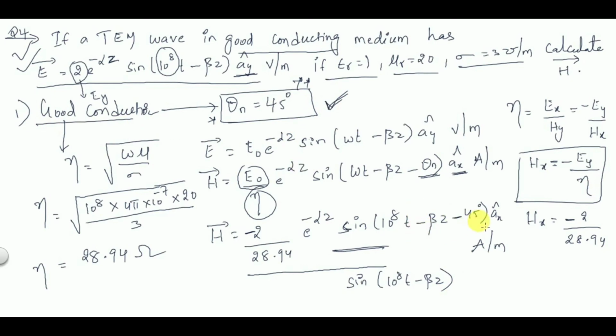In the case of a good conductor, E bar leads H bar by 45 degrees. This is the important point you have to remember for the good conductor case. When you remember this, you will also keep this minus 45 degrees.